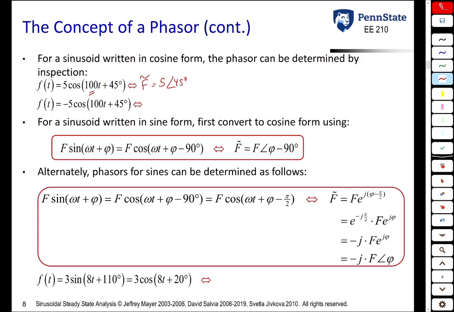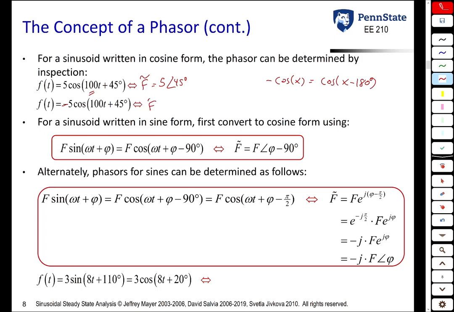What happens if you have a minus sign out front? Well, here you use the fact that minus cosine of x can be written as cosine of x minus 180 degrees. So if you have a negative sign, all that you do is subtract 180 degrees from the phase before you make the phasor.